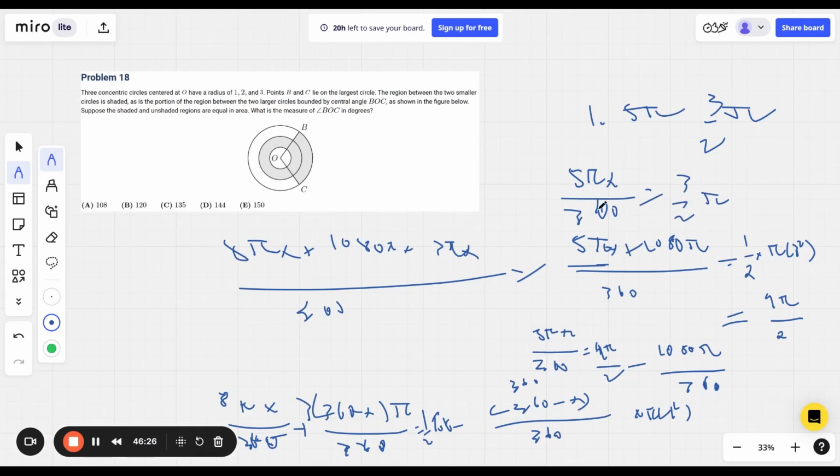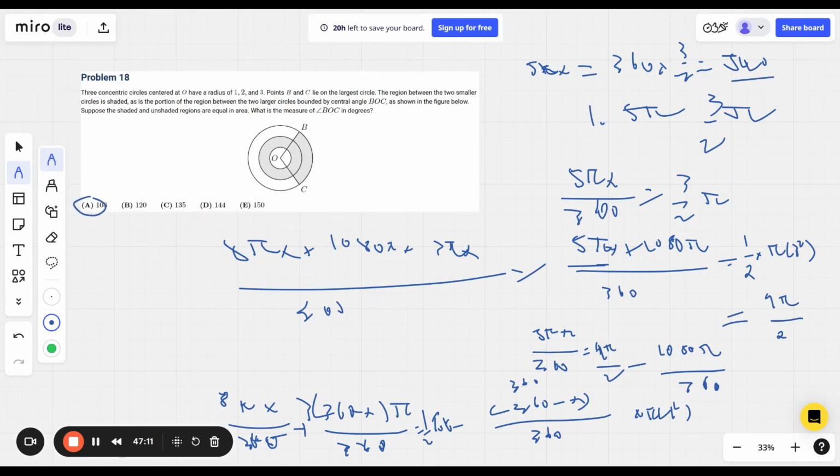Now, for this to be working, right? So 5 pi x must equal 360 times 3 over 2, which equals 180 times 3, equals 540. Well, it's just 5x equals 540, and x equals 108.